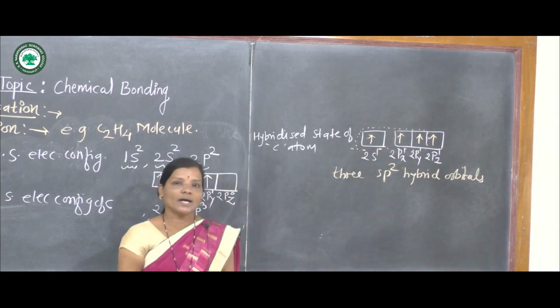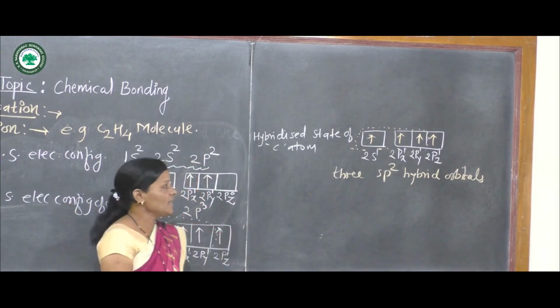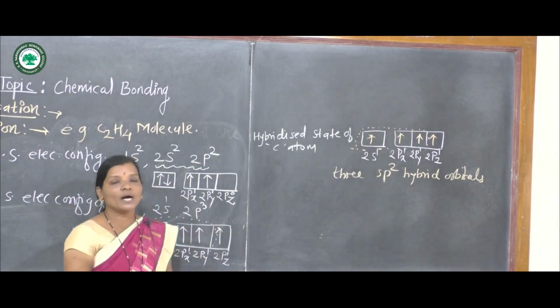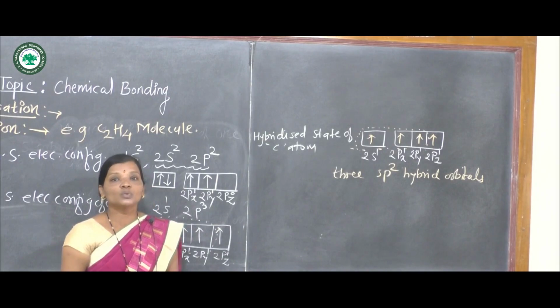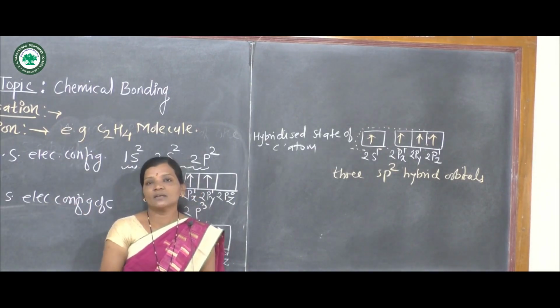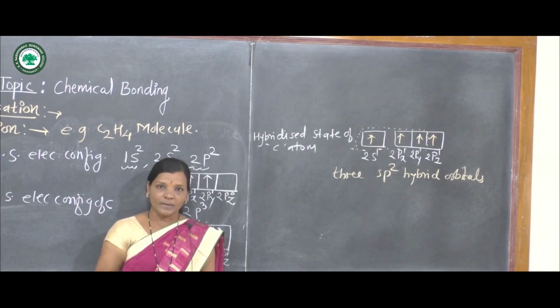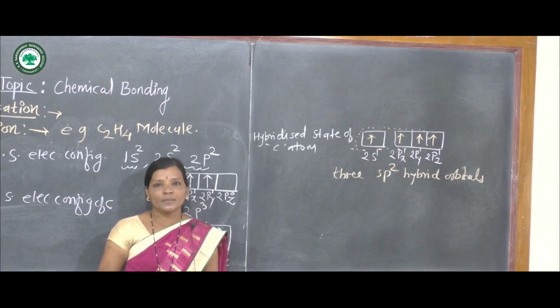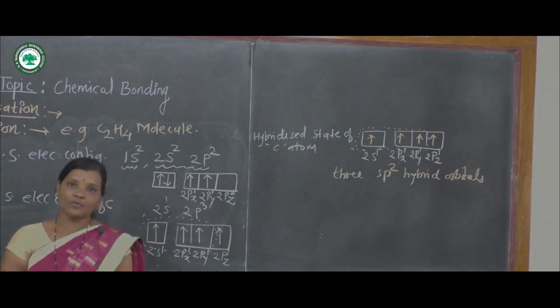These 3 sp2 hybrid orbitals of 2 carbon atoms in C2H4 molecule undergo the formation of bonding. Now let us see diagrammatically how the sp2 hybrid orbitals of carbon form.